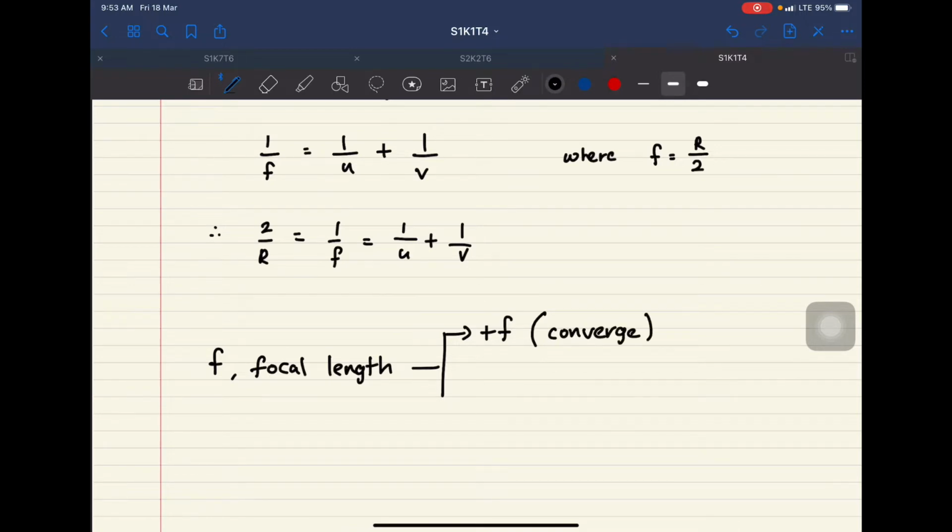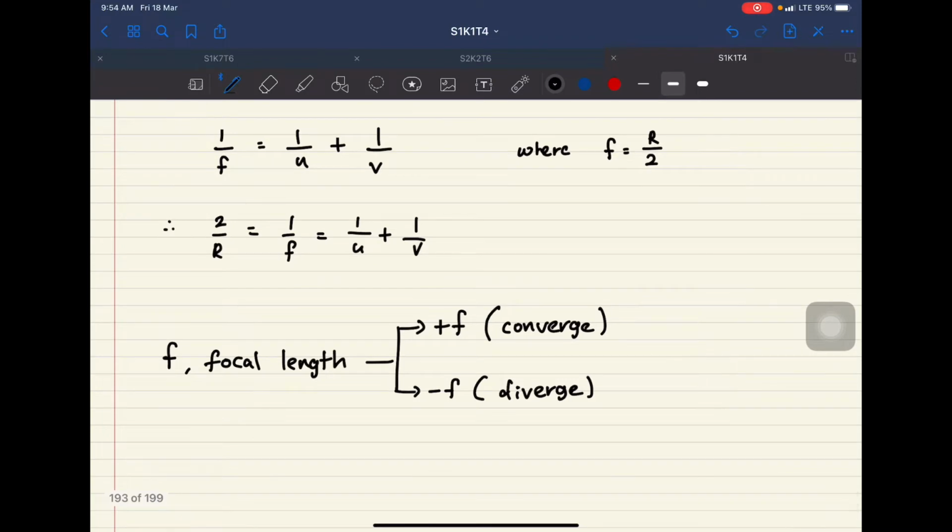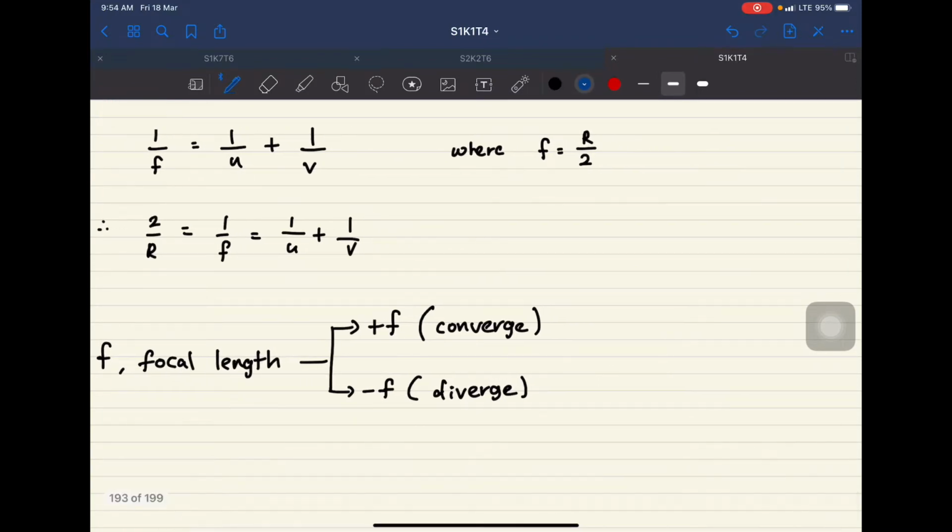If f is negative, it means diverging. In terms of the mirror's name, a converging mirror is your concave, which has a shape like this. On the other hand, convex is diverging, and the shape looks like this. If you forget, you can always remember the kuali analogy that I made.